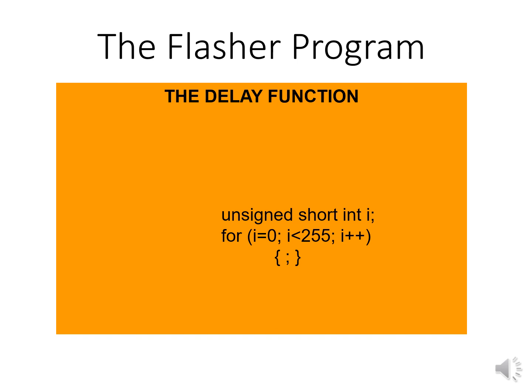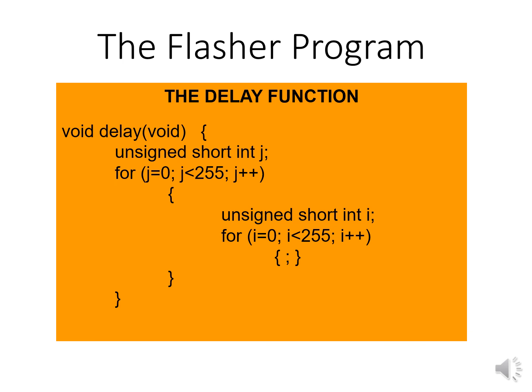When using a single variable, the time delay period may be too short to meet our requirements. Therefore, to increase the time delay period, we use nested delay loops. In the illustration, we have introduced another loop, which we can say is an outer loop. In this loop, we are incrementing the variable j from 0 to 255.